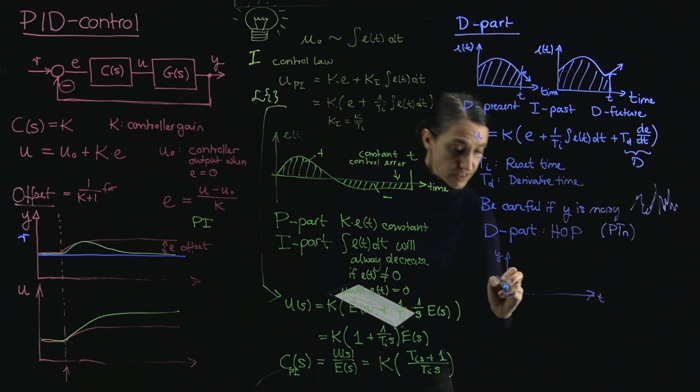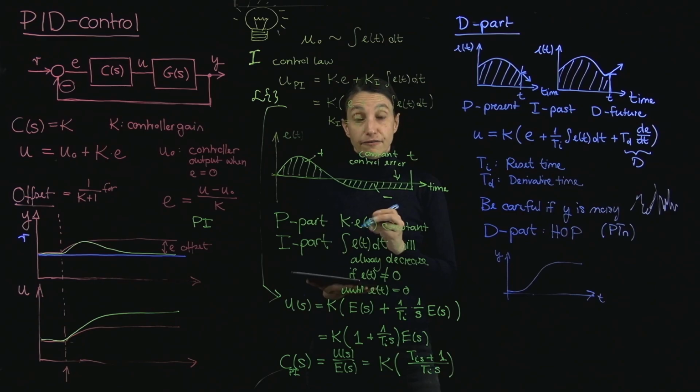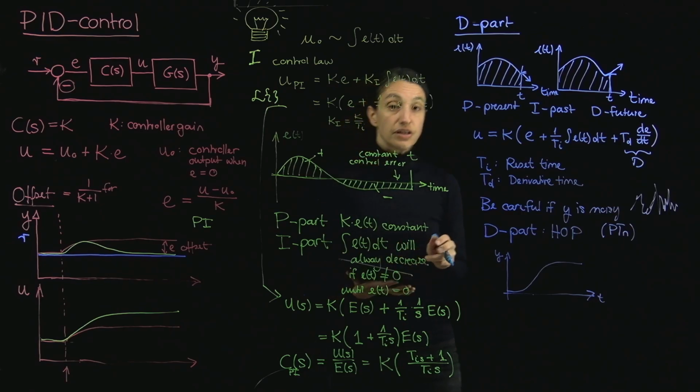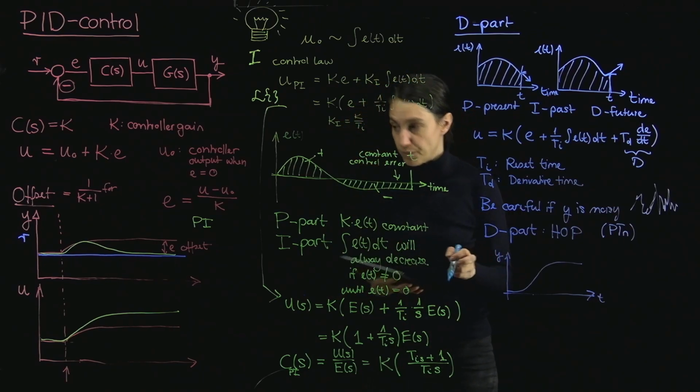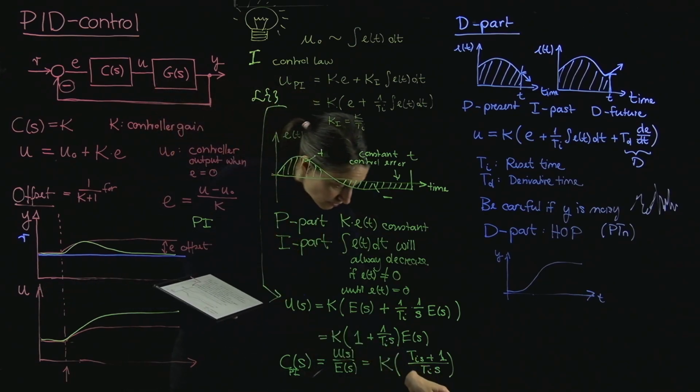So this is the model step response, the open loop response. It will look something like this. And for those processes, we get a very good behavior if we introduce a D part to control that kind of process.